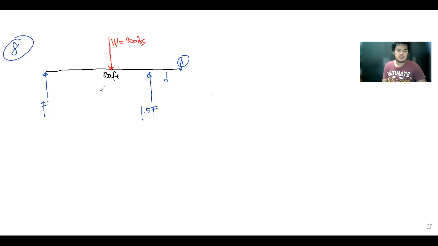Okay, so we then say that the summation of the forces is equal to 0.